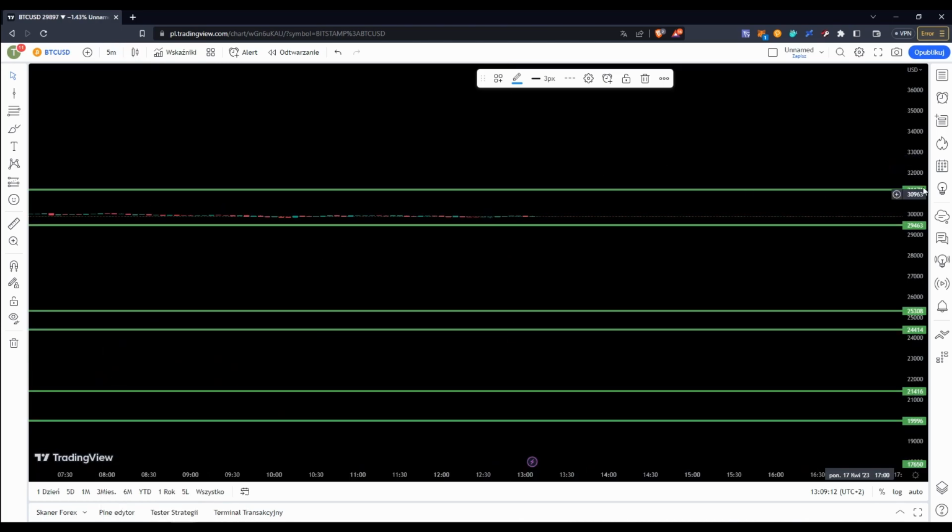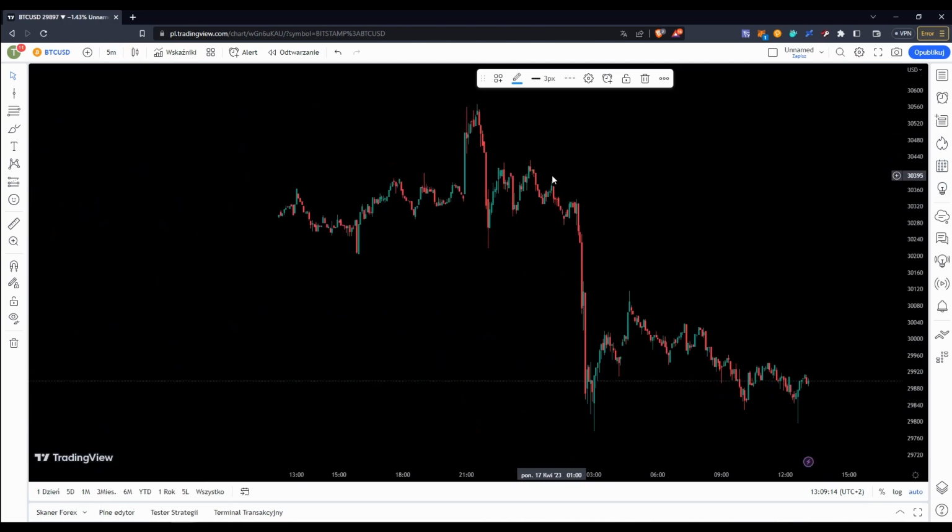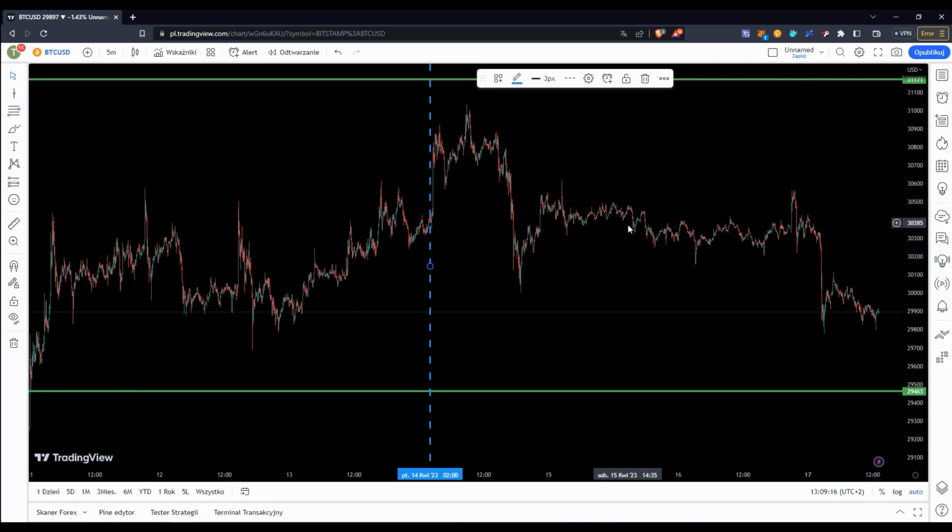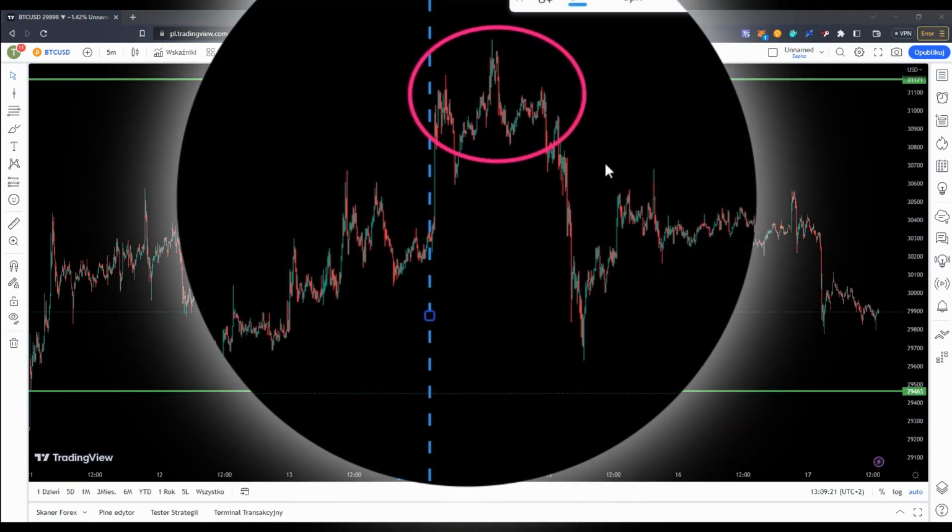So of course we are here with the limited time, okay? But what has happened? This type of price action was very significant from my perspective.